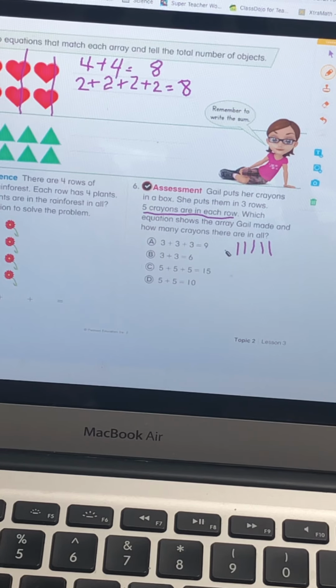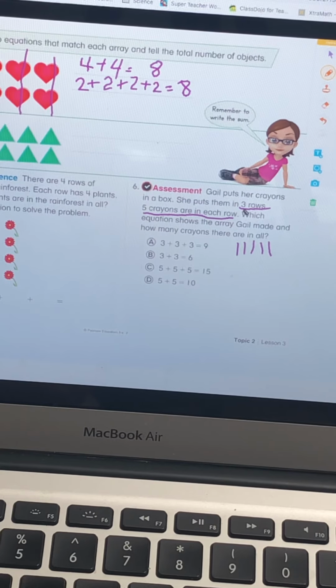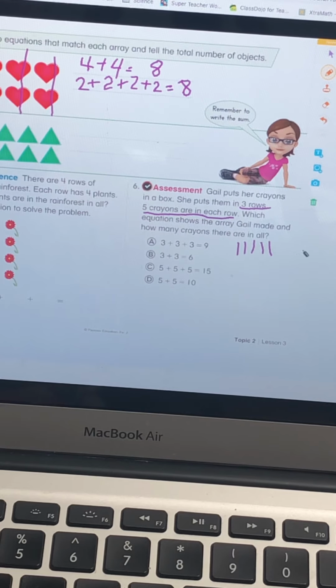How many rows do we have to draw? Right here, I just underlined it. 3. So there's our first row. Here's our second one. 1, 2, 3, 4, 5. Then let's draw our third row. 1, 2, 3, 4, 5.